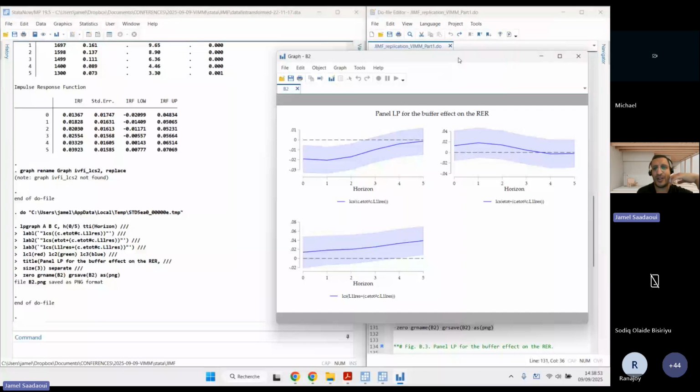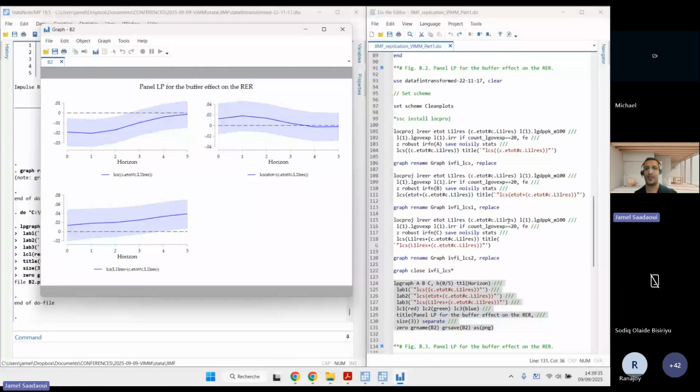For panel local projections, there is also a paper by Herbst and Johannsen from the Federal Reserve. I can send you the references later. You need to be careful about the T dimension and the N dimension. Basically, if your T is below 20 years, it becomes a bit tricky for inference. So you can do it with panel and annual data, but you need to meet some requirements on the size of N and T. I hope this is clear. Thank you, sir. You're welcome.